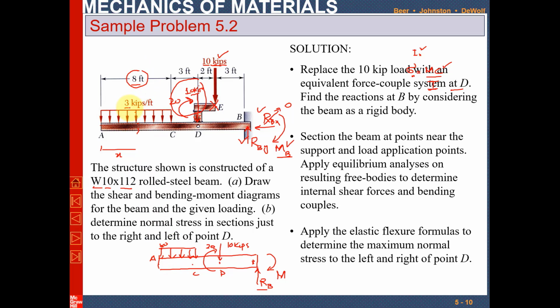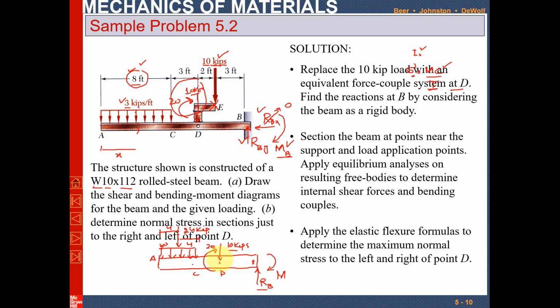W is 3 kips, so 3 into 8 is 24. So it will be a 24 kips force, and it will act at a distance of half of the length, which is 4. Clear? So this distance will be 4 and this distance will also be 4.